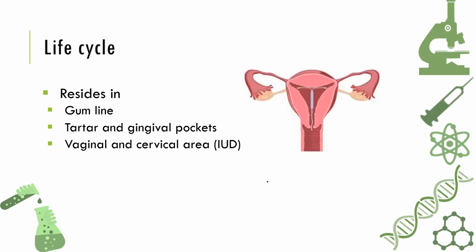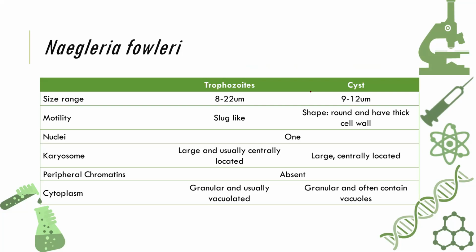Masyado ka namang, no? It resides in the gum line, dyan sa mga tartar, sa ngipin mo, and gingival pockets. And vaginal and cervical area. Bakit? Because of the IUD, intrauterine device. And what is intrauterine device? Yan. Kung makikita mo dito, ito yun. No? This is a contraceptive.